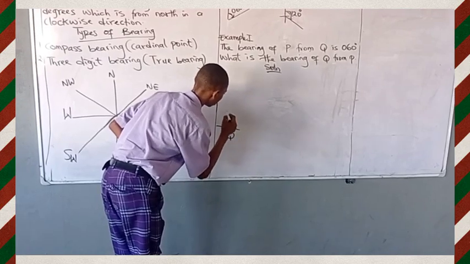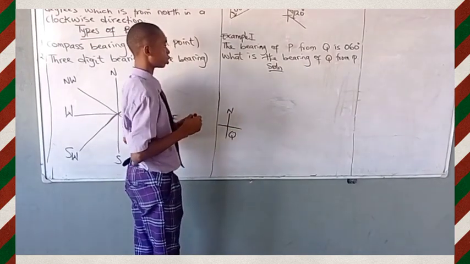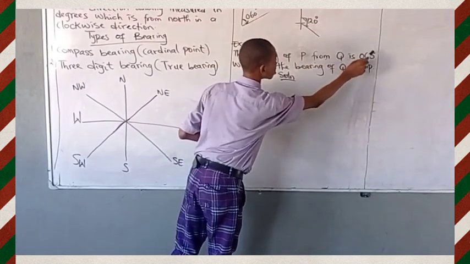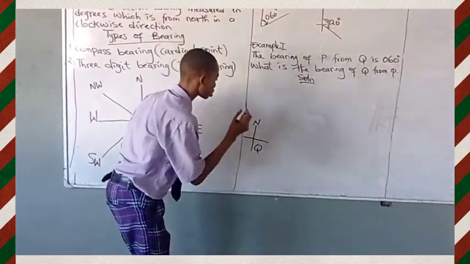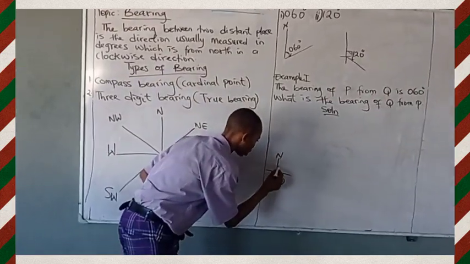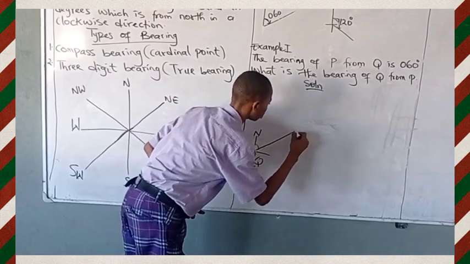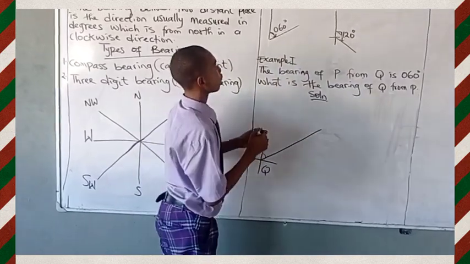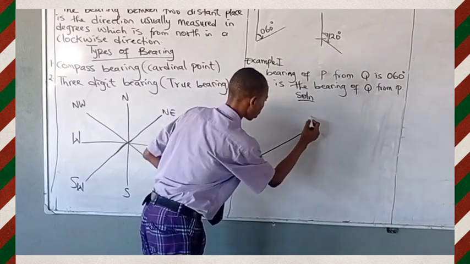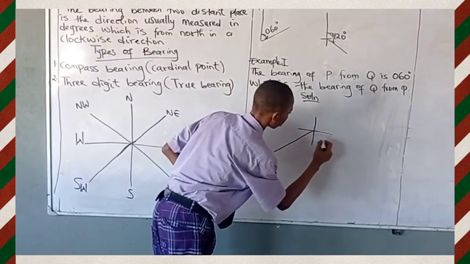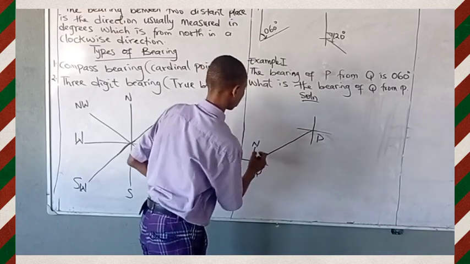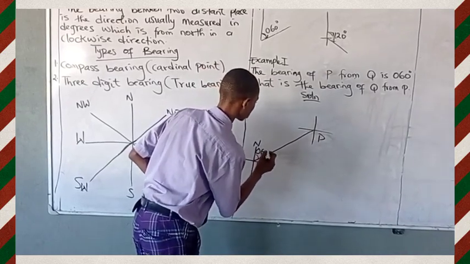This is Q. This is our north direction. From Q is 060 degrees, meaning you come in the clockwise direction to this point, then you rule the line. On the line, you draw another cardinal point and call it P. And here is 060 degrees.